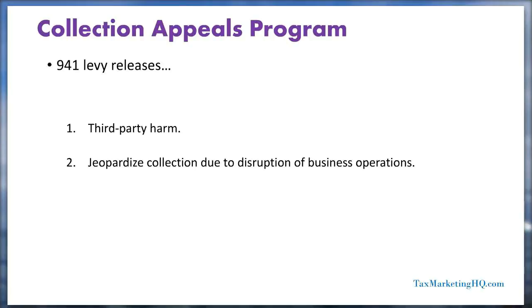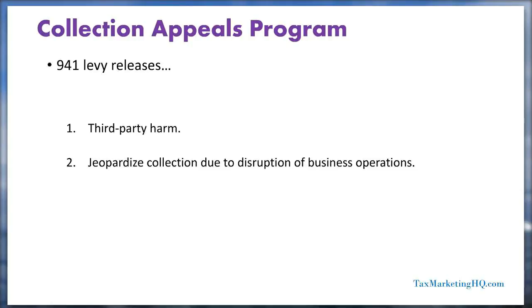So for example, if a business is operating legitimately, they're a viable ongoing business, they're profitable, but the levy is going to cause a massive disruption in cash flow that would severely impact business operations, and you can prove this through paperwork, then you can usually get some or all of the levy released through a cap appeal.